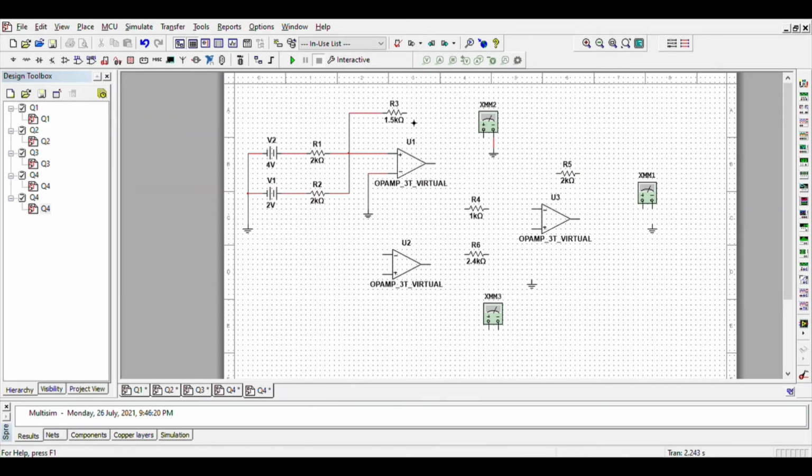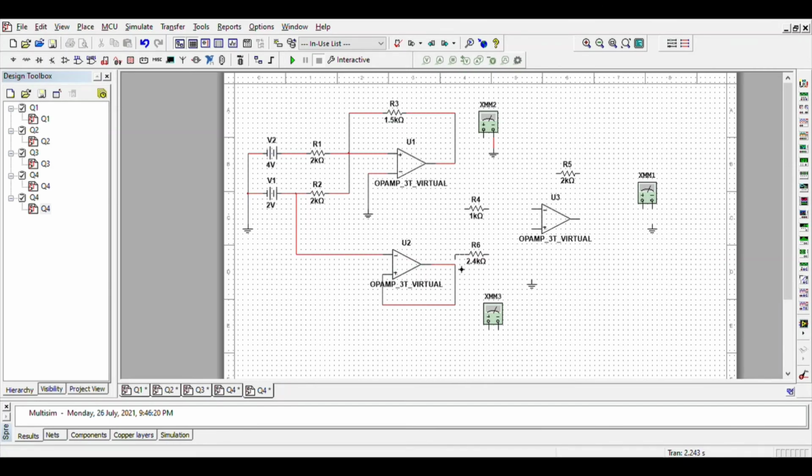Then R3 here will be connected to V01. Then V minus of op-amp 2 will be connected to V1. It means that the value will be 2 volts, right? So V plus will be connected like this. Okay.